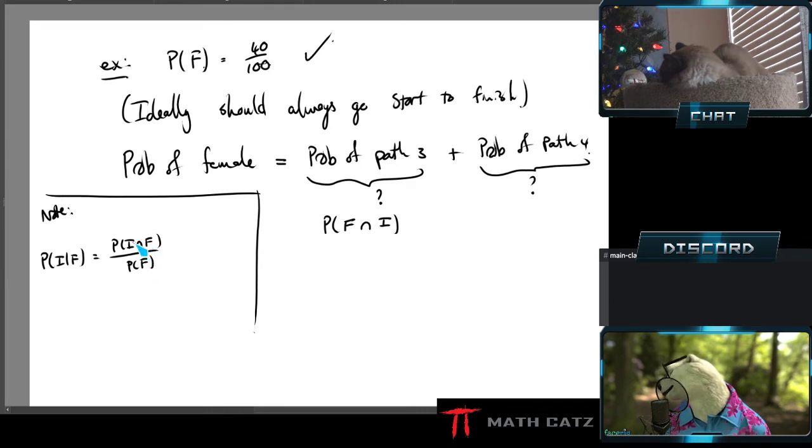Now I could swap these around, right? These are interchangeable inside an intersection. If I now multiply both sides by the denominator, I get the probability of this conditional probability that was on the left, and then I multiply both sides by P of F, and then I just have the intersection on its own.